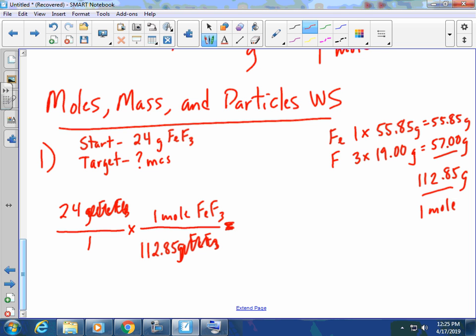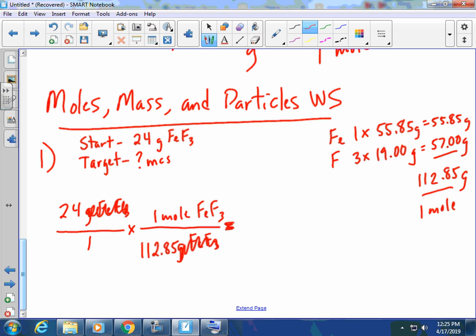Do I have that much? No, we had 24 grams, right? That's not even a fifth of that. Okay, so it's probably going to be like a sixth of a mole. Just a guess. Let's take a look, shall we?